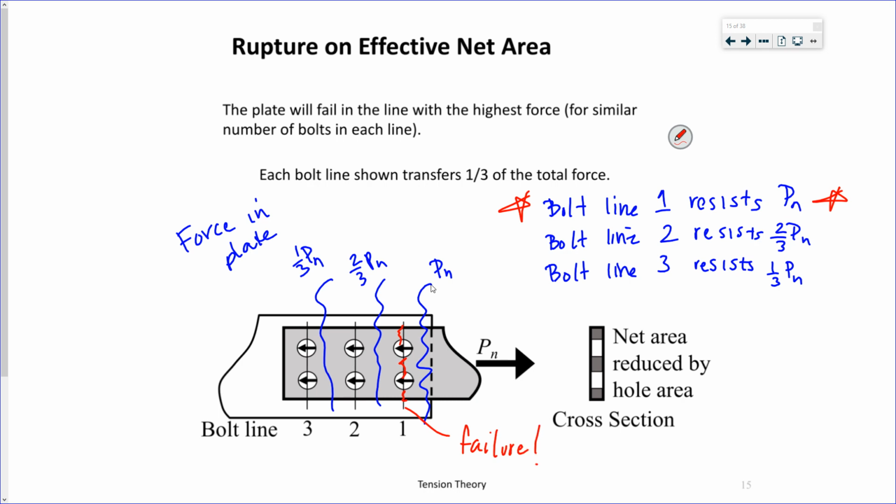So that's just the physics way of explaining why the first bolt line fails first, because it has to resist the highest load. Unless there's something screwy going on, a manufacturing issue.